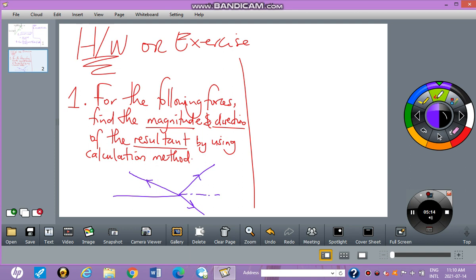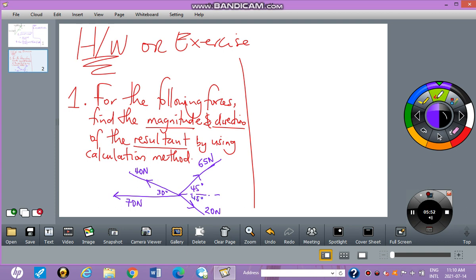So let's say we have 70 Newton, that's going very, very straight, and this angle over here is 30, and this gives you 40 right there, and here we have 65 Newton at an angle of 45 degrees, and there is 20 at an angle also of 45 degrees.